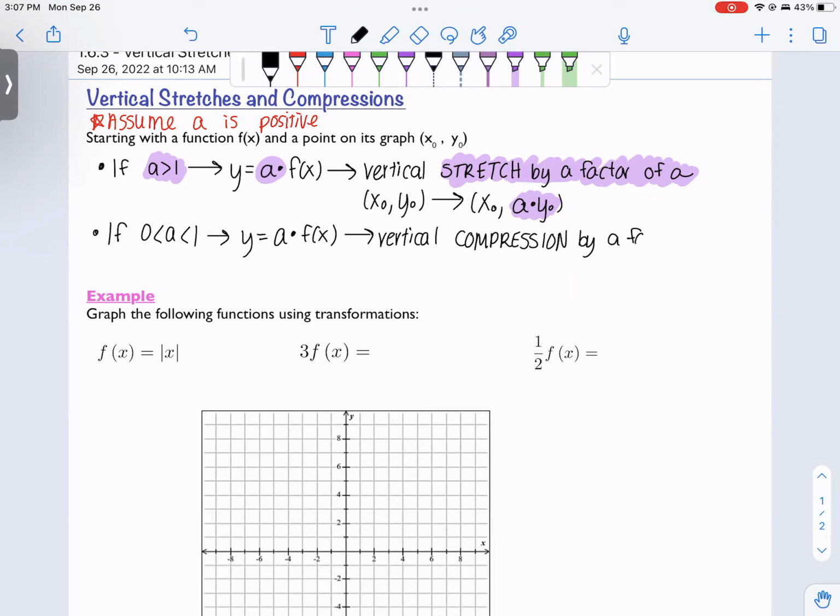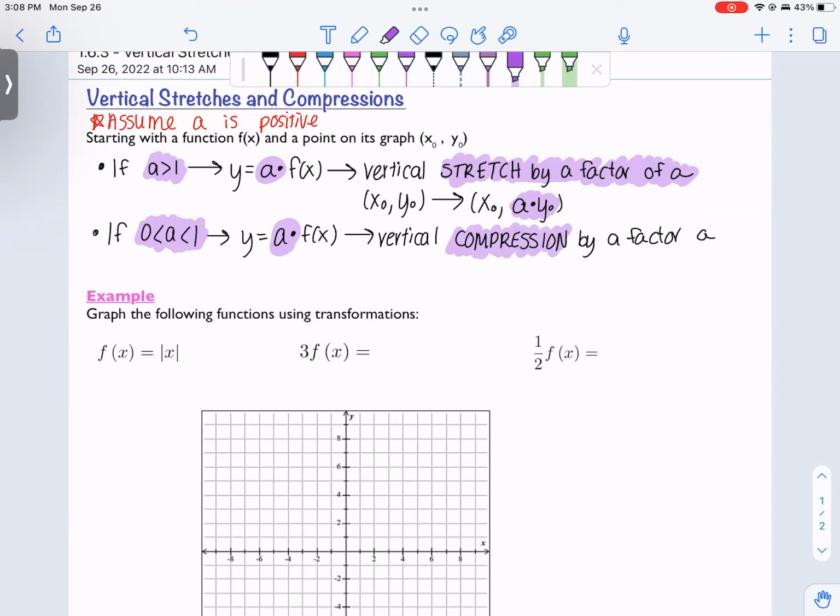Now, here's where there's controversy, and I know everyone loves controversy, so let's talk about it. I'm going to word this as saying it's a vertical compression by a factor of a. I am mentioning this to you because there is a disagreement on what we should call a compression.